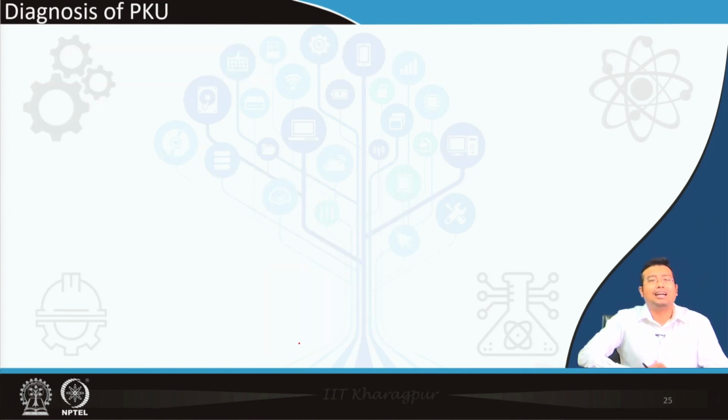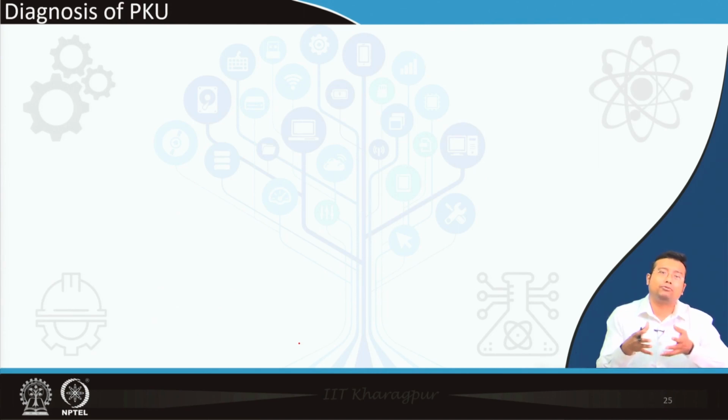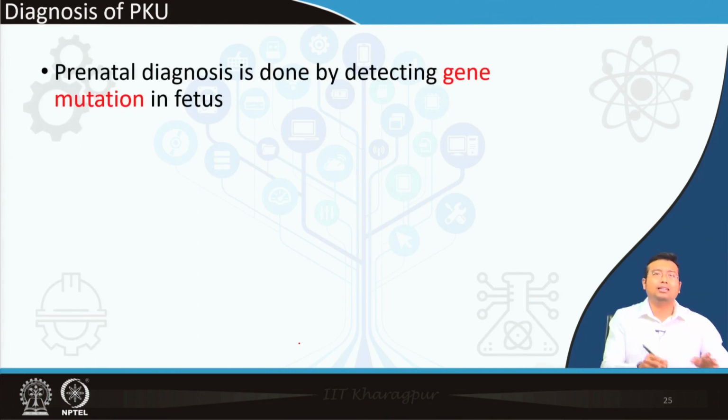How can we diagnose phenylketonuria? Diagnosis of PKU is extremely important, because if we fail to diagnose, there will be the dreaded consequence of brain damage and intellectual disability, which nobody should deserve. Naturally, we can diagnose phenylketonuria prenatally, even before the baby is born. If there is a history of a carrier, if the mother or either parent is a carrier, or preferably both, then the situation is dreaded.